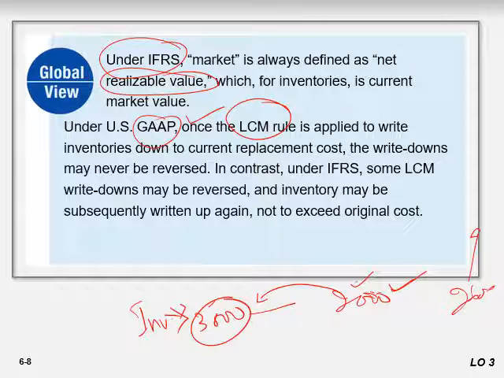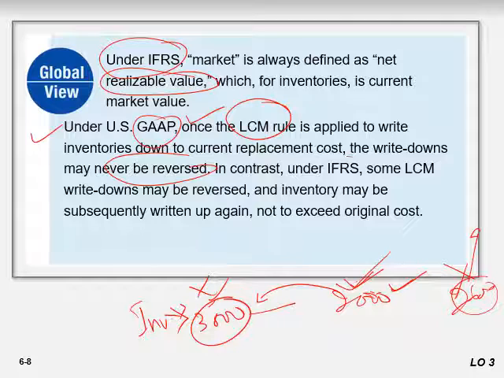LCM is applied, the lower of cost and market value. So cost is higher, so lower. If the replacement value is 2,600, you cannot write it up. We just write it down at 2,000. Let's read it here. Under US GAAP, once the LCM rule is applied to write inventories down to current replacement cost, the write-downs may never be reversed.